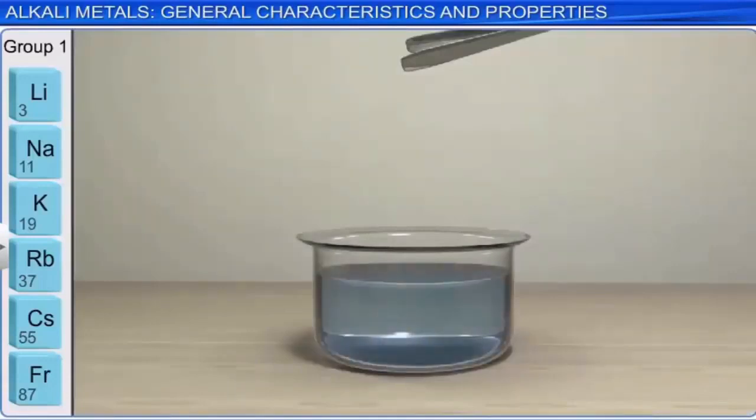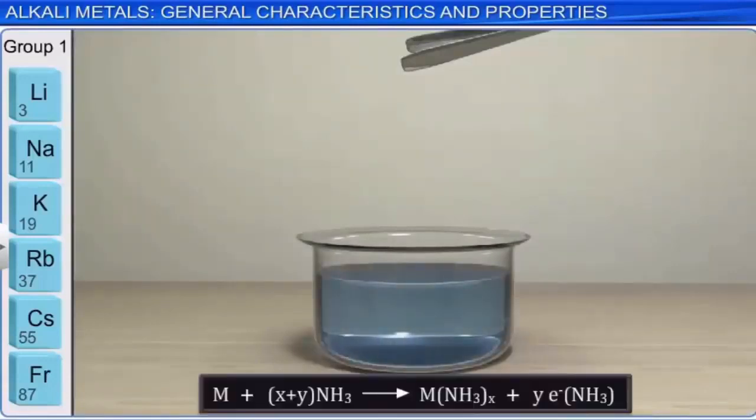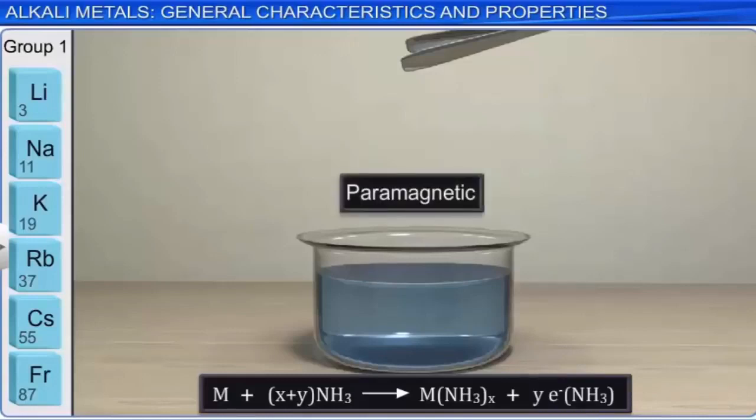Then the next property is the reaction of alkali metals with ammonia. When alkali metals react with liquid ammonia, they give a deep blue color. You can look at this module: the color of the solution becomes blue, and this solution is also conducting in nature. The conductivity is similar to the conductivity of metals.